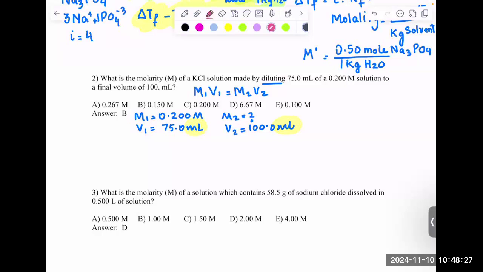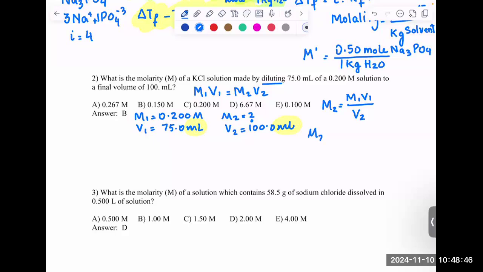We need to find M2, and M2 is equal to M1 times V1 over V2. Just plug in the numbers and you should be okay.